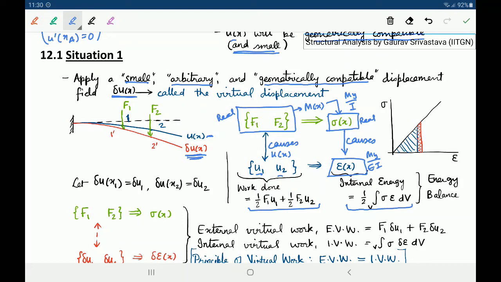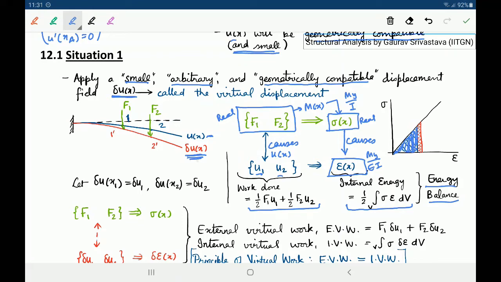So when we say half of integral over volume sigma times strain dV, we are really saying that this particular area is the energy or the work done when there is a cause and effect relation between these forces. Here we are just looking at it in a stress strain space, and this is basically the energy balance equation, and this is what we were using in the previous session where we were talking about use of energy methods.